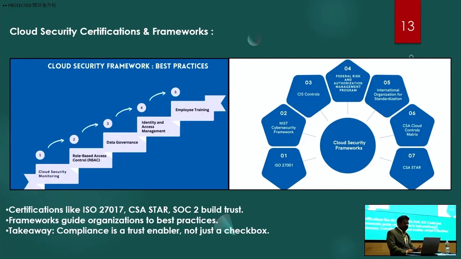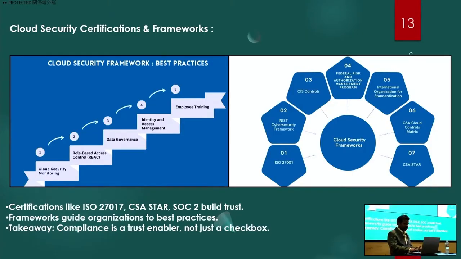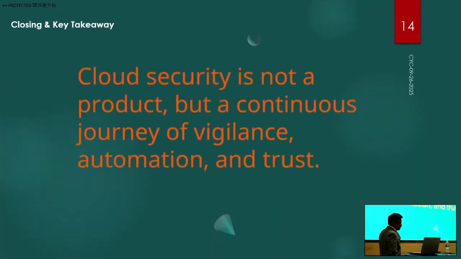So on a summary note, I just wanted to add only one quick point. Cloud security is not a product. I would add as the last key note that your cloud security is not a product. It's a continuous journey of having vigilance, automation, and trust.